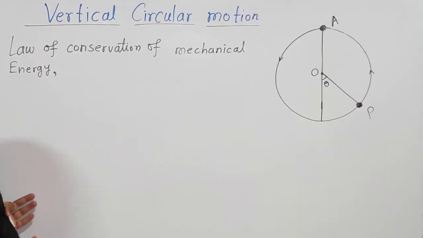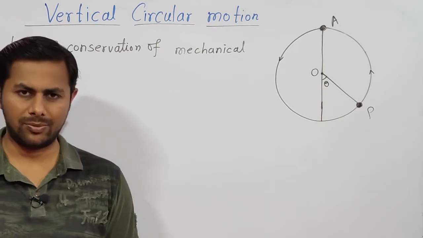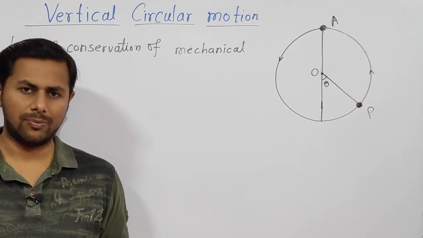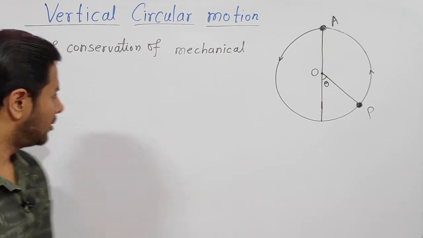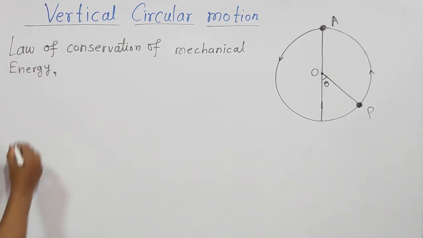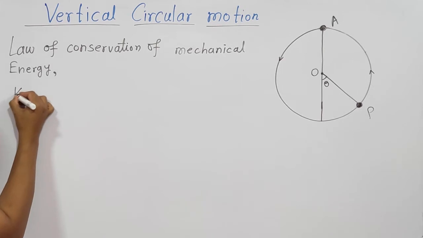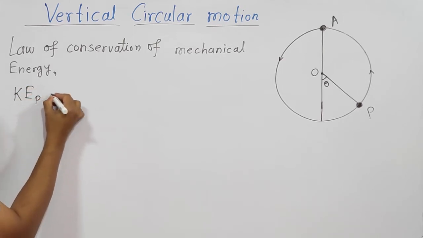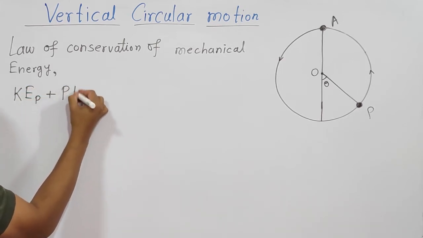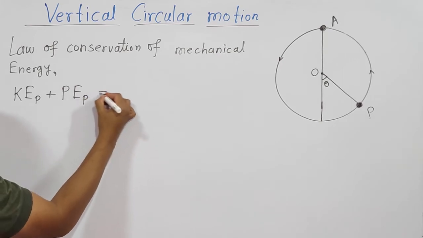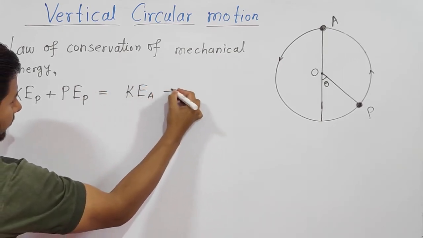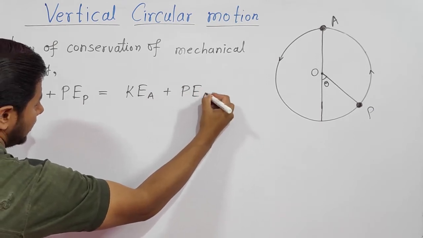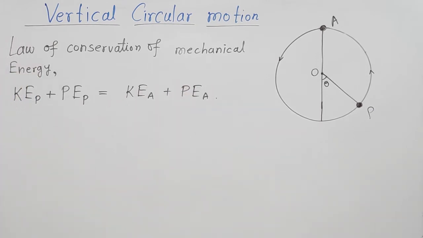And here the conservative force is the gravitational force, and that's why the potential energy is the gravitational potential energy. So I can write that kinetic energy at point P plus potential energy at point P is equal to kinetic energy at point A plus potential energy at point A.